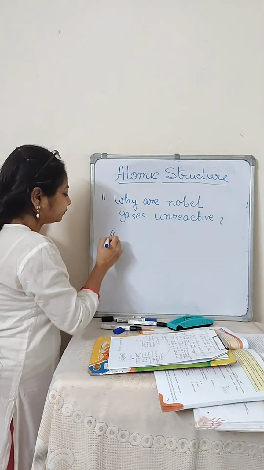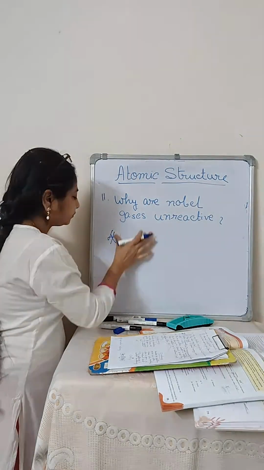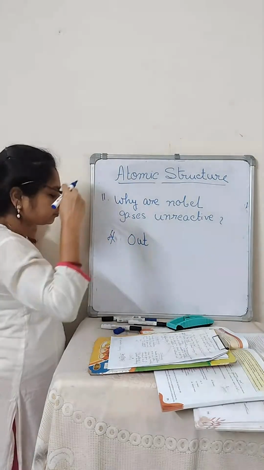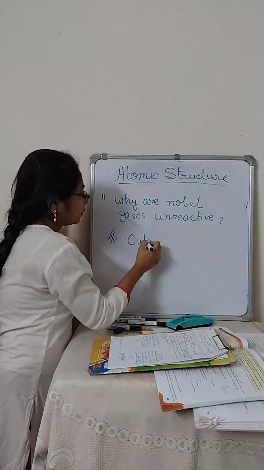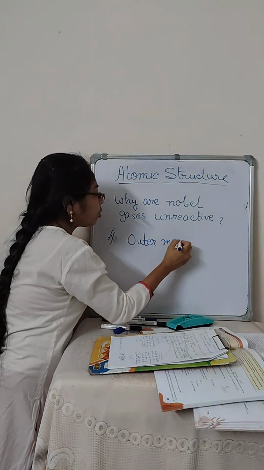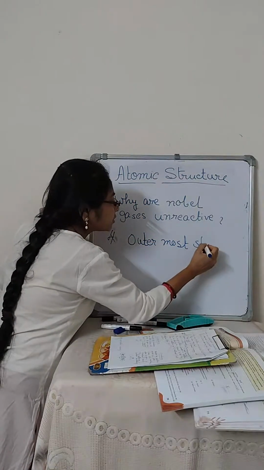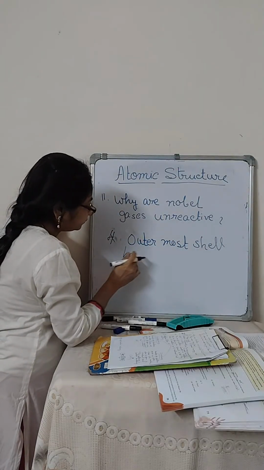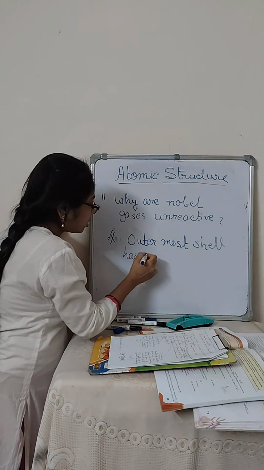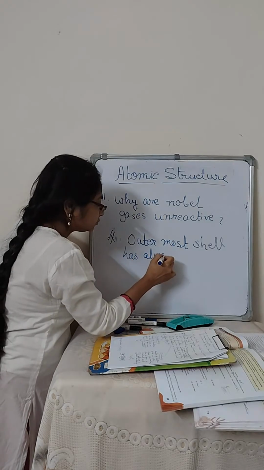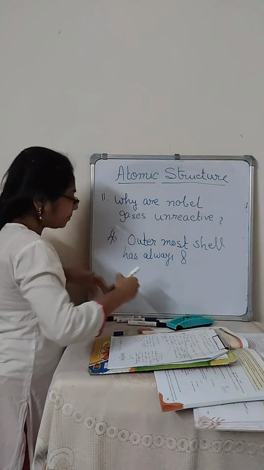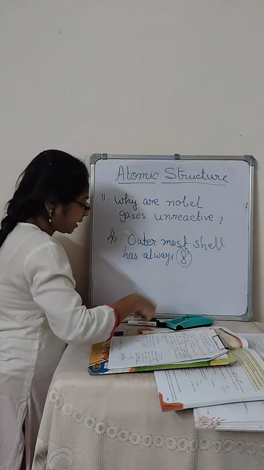Number 1. The outermost shell always has 8 electrons. 8 is a mark point.